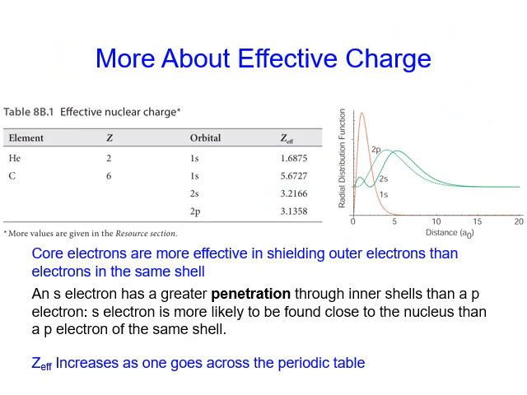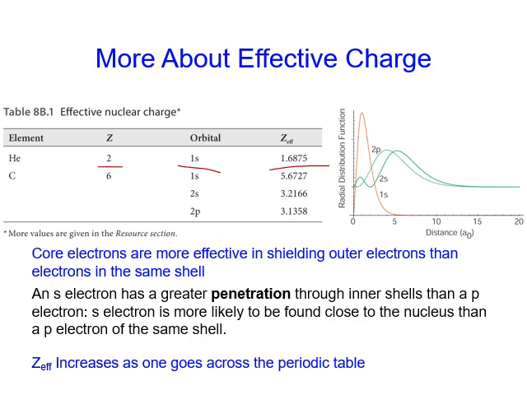Here shows the calculated effective nuclear charge for helium and carbon. In the helium atom, we have 2 nuclear charges, and the 2 electrons in the 1s orbital both feel an effective nuclear charge of 1.6875, which is less than 2. That indicates that these 2 electrons have shielding effects on each other, even though they are in the same subshell.